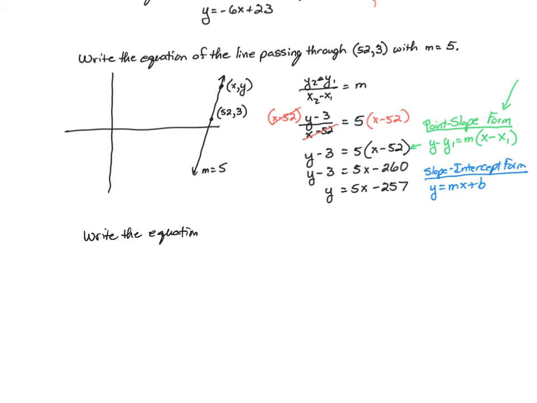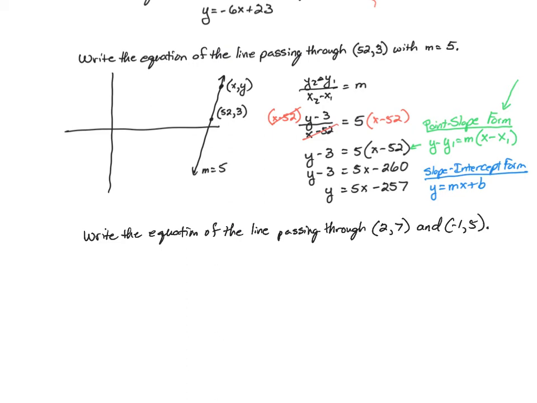Let's have the question be this: write the equation of the line passing through 2, 7 and negative 1, 5. Now, if you look at that, you might think, well, shoot, I don't even have the slope this time. That's okay.